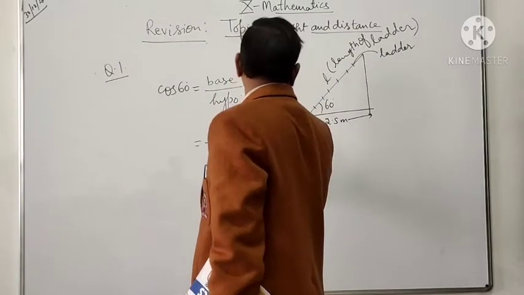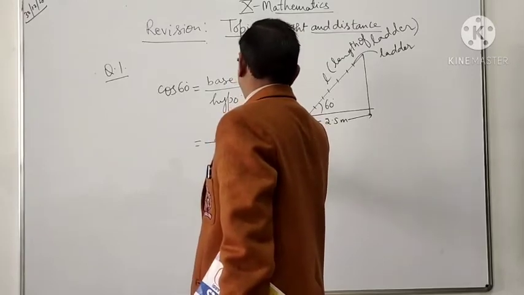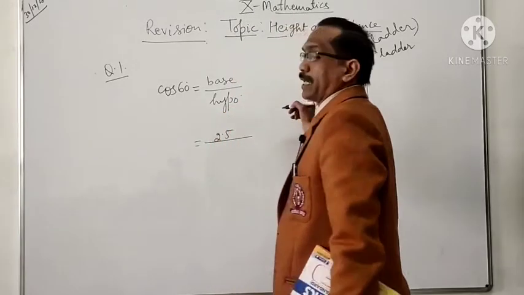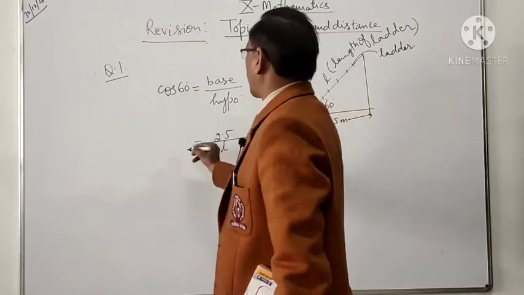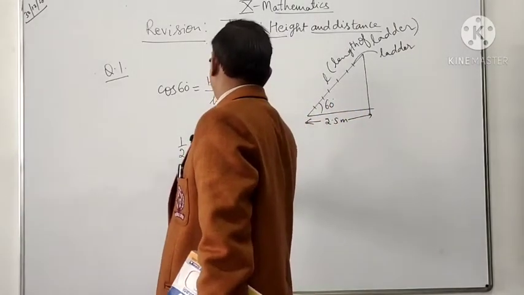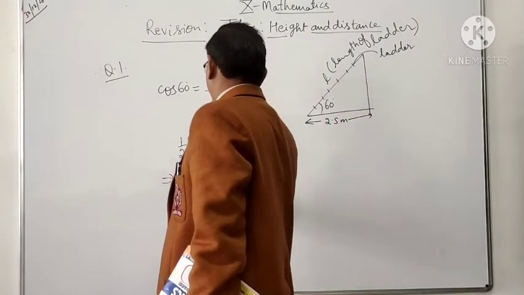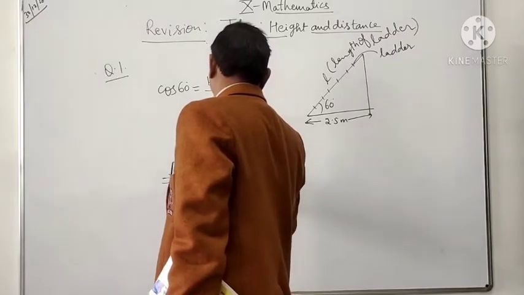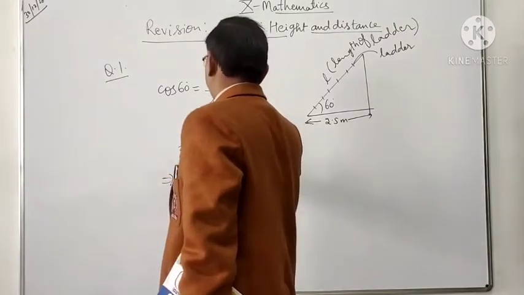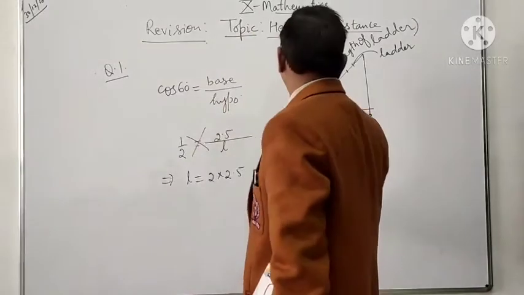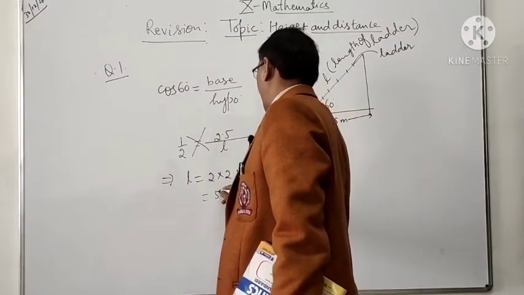Student, here base is 2.5 and hypotenuse is the length of the ladder. Cos 60 is 1 by 2. Therefore, L equals 2 into 2.5. Just cross multiply and we will get the length of the ladder. It is 5 meter.